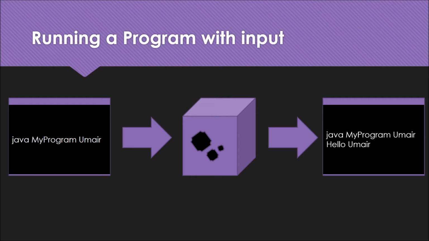So that is going to be the output of the program if I give it the input Umer. I can give it any other input or a series of inputs. For example, I can write java myprogram Umer Ahmad Salman. So it will probably write hello Umer Ahmad Salman. But I can make it do different things depending on what name is passed to my program.